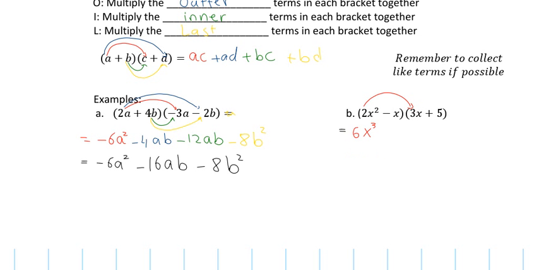All right. And then, what do I multiply next? 2x squared with the 5, so that gives me 10x squared. Then the negative x with the 3x. So what does that give me?